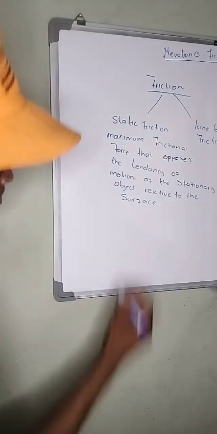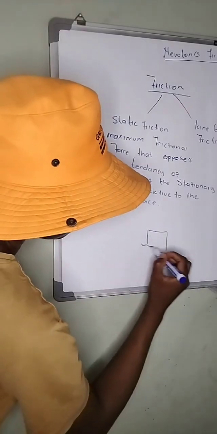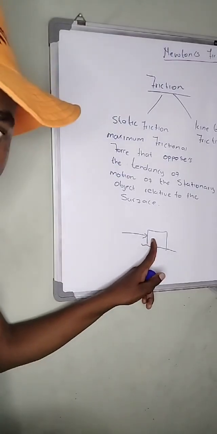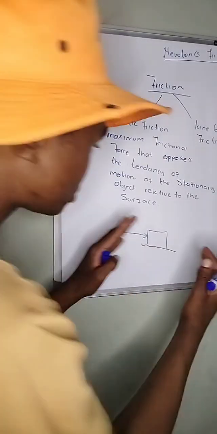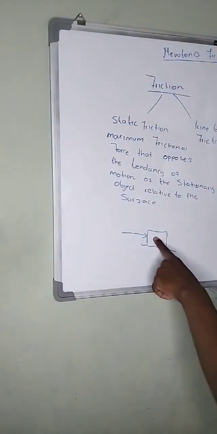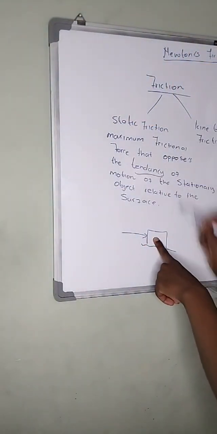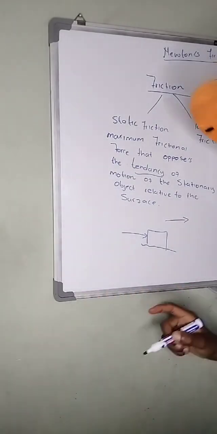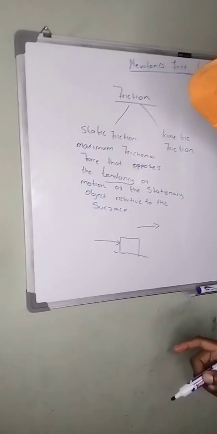So it means if you apply a force here, guys, and this object does not move, do you get that? This object has a tendency of going to the right, but it still doesn't go to the right. I'm not sure I'm making sense in this part.